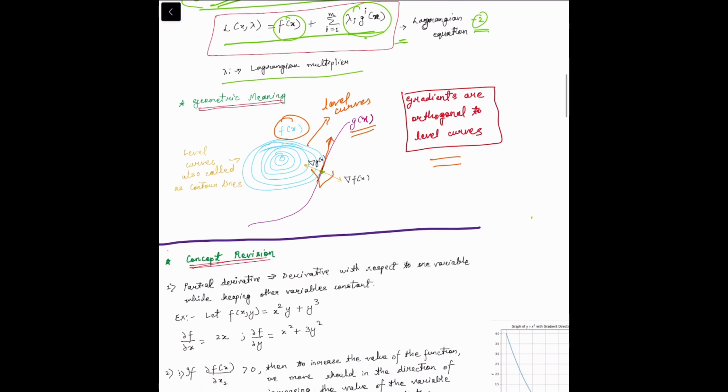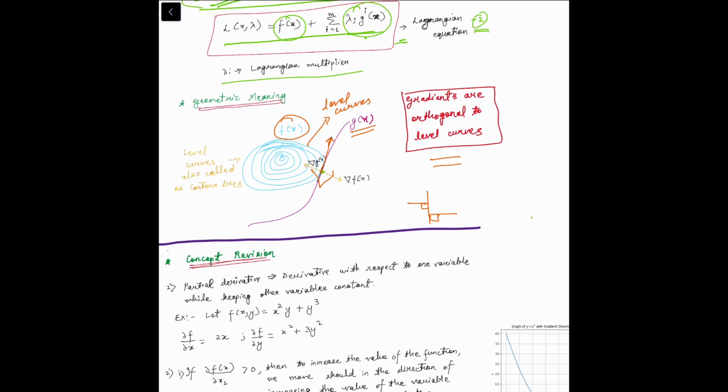We will see shortly why these two vectors are the gradient vectors of the functions and why they are perpendicular to the level curve. For now, we know that if two vectors are perpendicular to the same tangent vector, then they will be parallel and scalar multiples of each other.